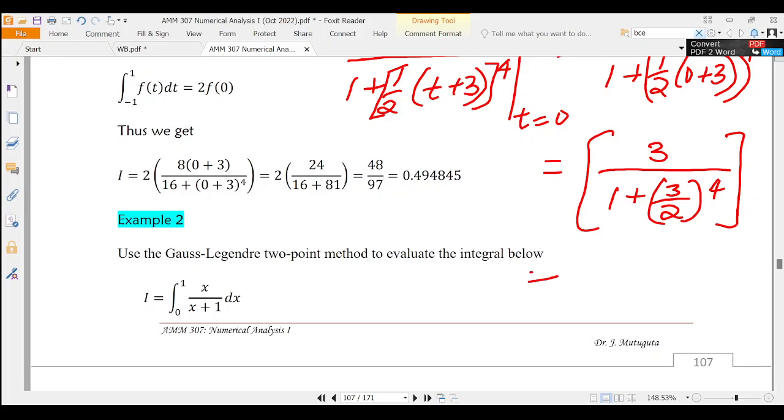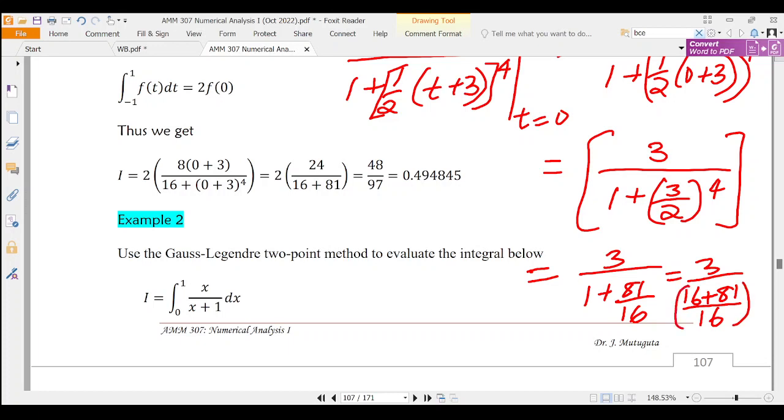So this will be 3 divided by 1 plus 81 all over 16, which we can work out. So 1 is the same as 16 over 16. So we get 3 divided by 16 plus 81 all over 16. 16 plus 81 is 97.